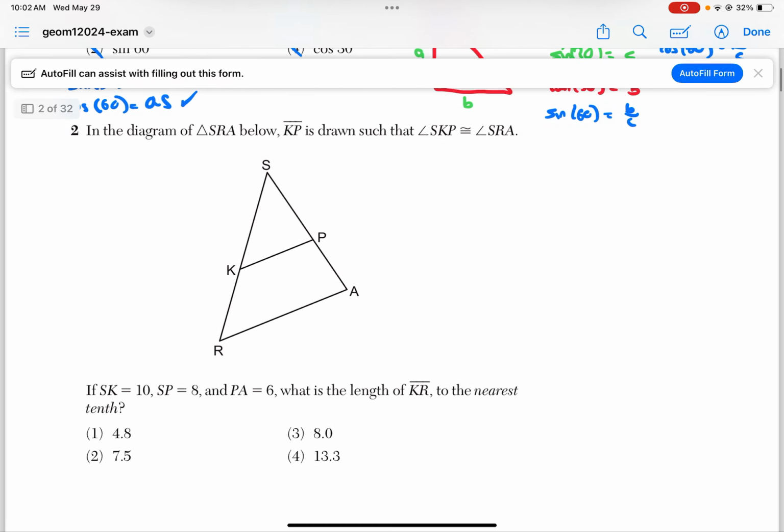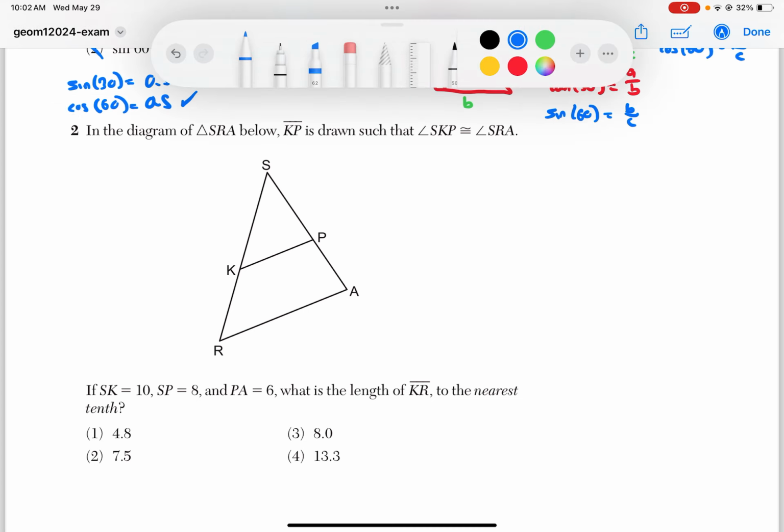Number two, in the diagram of triangle SRA, we draw on line KP so that angle SKP is congruent to angle SRA. Always draw these. Draw these always, please. Since we have corresponding angles, that tells us these lines are parallel.